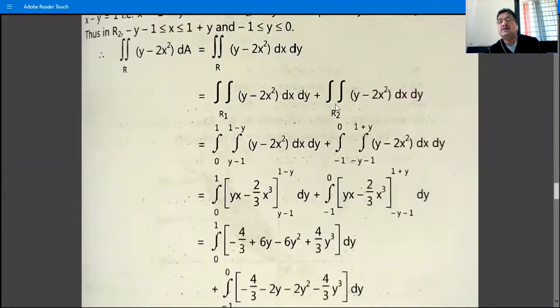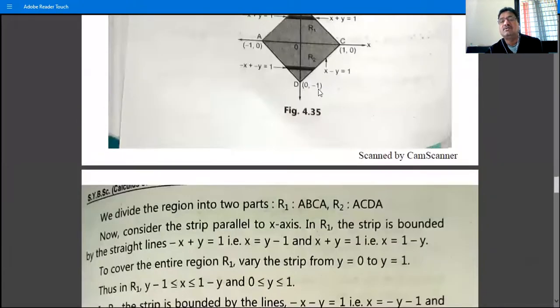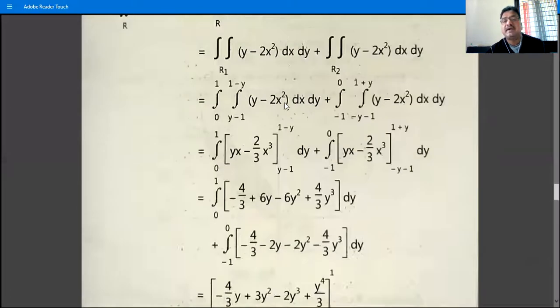Plus the region R2. One end of the strip touches the line -x - y = 1, so -x = 1 + y, and x = -1 - y is the lower limit.